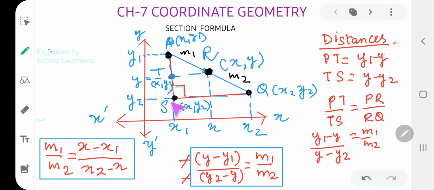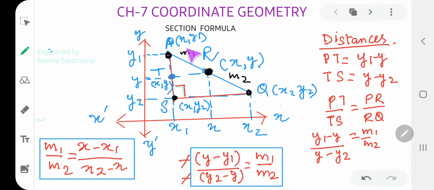So in this way, we now have the coordinates of all the points visible on the screen, that is P, R, Q, S and T. Now let's find the distances that we can calculate easily. Children, this PT distance is a vertical distance. You can see here the x coordinate is x1.